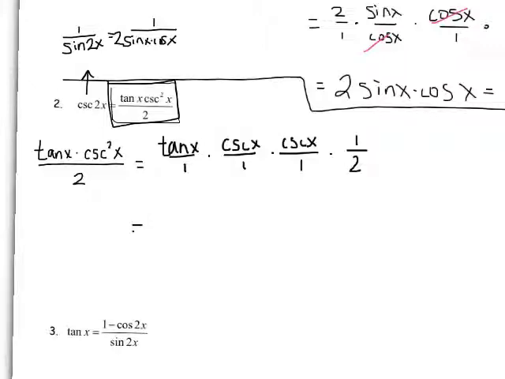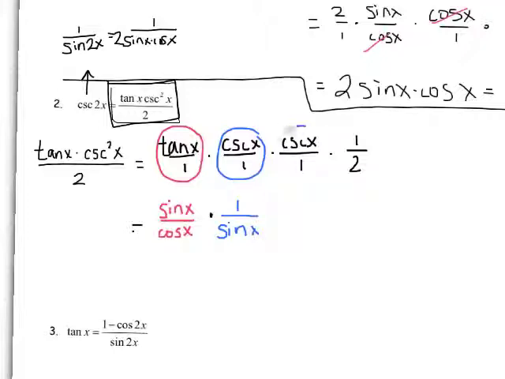Tangent right here is sine over cosine. Cosecant, if it is in the numerator, then when I rewrite that, it'd have to be sine in the denominator. So I'll just do that again right here. And then 1 over 2 I'm not going to change because there's nothing really to change for that.